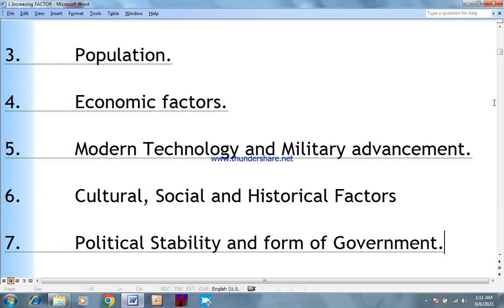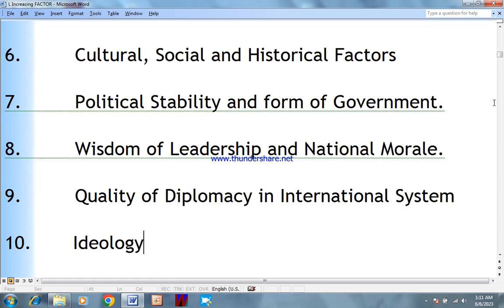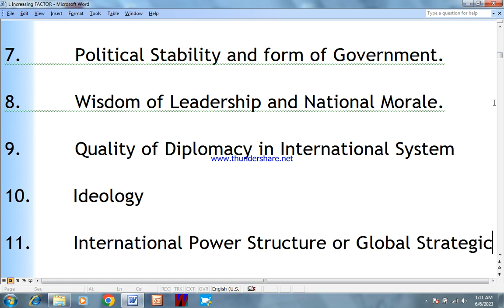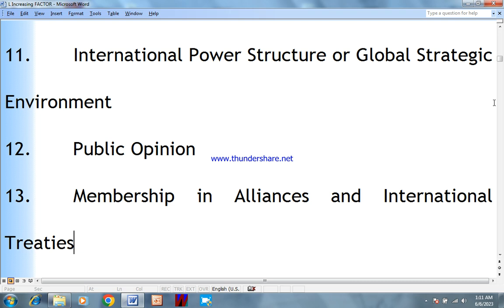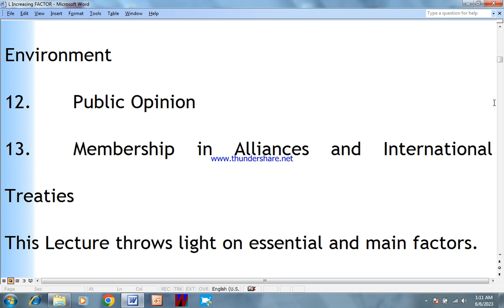Number four, economic factors or economic development, modern technology and military advancement, cultural, social, and historical factors, political stability, and form of government, either democracy or dictatorship, wisdom of leadership and national morale, quality of diplomacy in the international system, ideology, international power structure or global strategic environment, world public opinion, membership in alliances and international treaties.